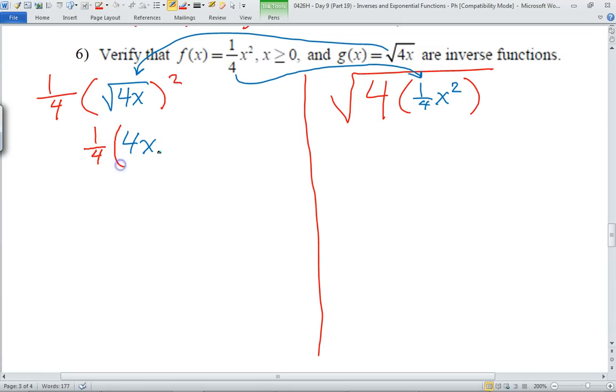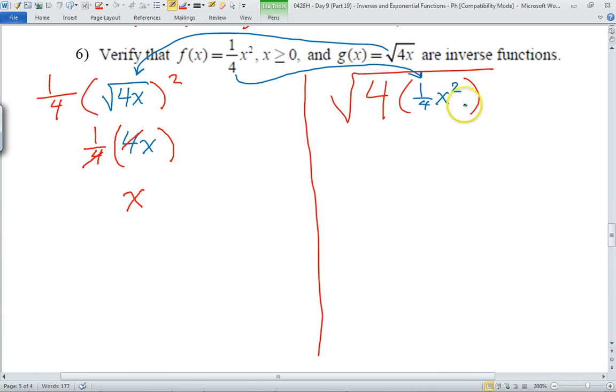So now I just have 1/4 of 4x. Of course, if I multiply 1/4 times 4, these are going to cancel each other out, and 1 times x is all that's left, and that is going to give me x. So far so good.